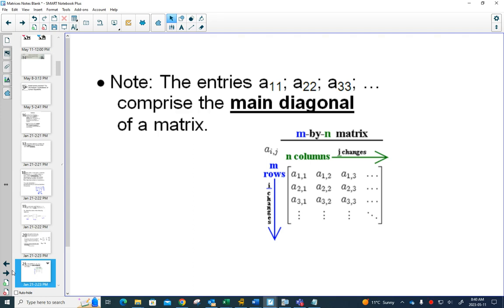So here's an example of a whole bunch written in there. This is called the main diagonal. That diagonal is going to come up important later on.